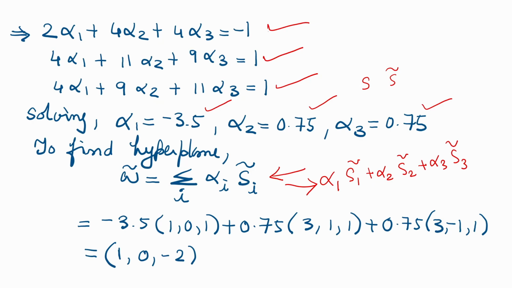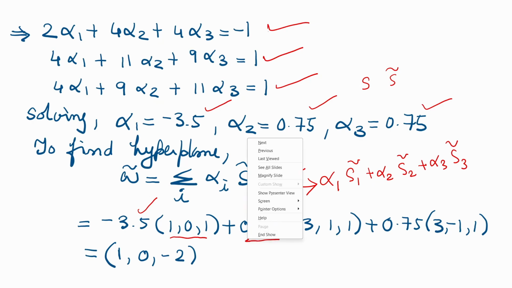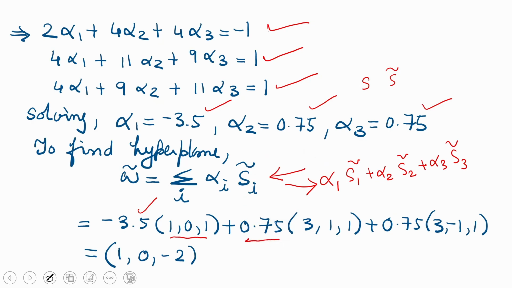So alpha 1 is minus 3.5 into S1 tilde, which is 1, 0, 1, plus alpha 2, that is 0.75 into S2 tilde, then plus alpha 3, 0.75 into S3 tilde. When you simplify this, you get the values 1, 0 and minus 2.